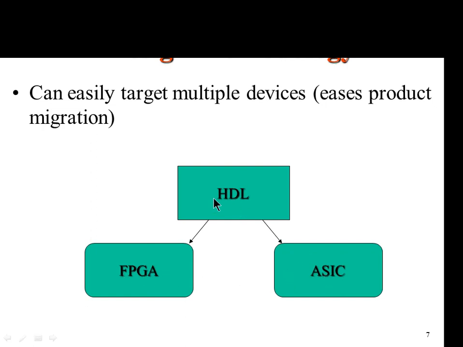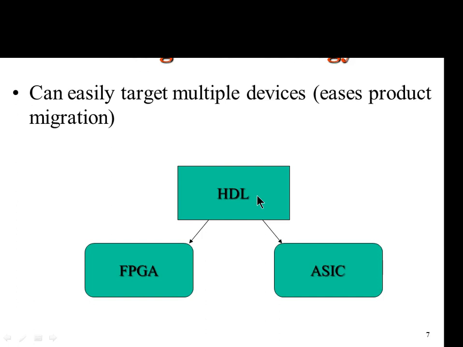But for some reason, if in your Verilog code you have used some special block from an FPGA library, like the Xilinx FPGA library, such as a multiplier or a memory, then your Verilog code is tied to that particular FPGA device or FPGA vendor. Or if your Verilog code is using some part of an ASIC library, similarly multipliers or some special component from one of the ASIC libraries, then your Verilog code is tied to that particular ASIC device.